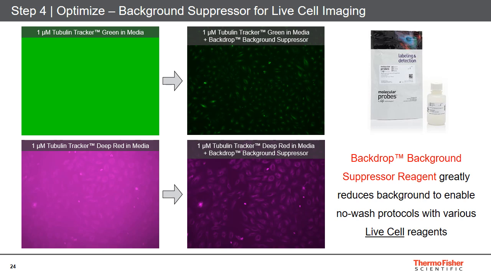So it quenches all the unbound dye that's in the media while leaving your intracellular signal intact. This works very well with many green and red fluorescent conjugates, and as you can see here, to a certain extent it's also quite effective with deep red fluorophores. But again, this is specific to living cells only.